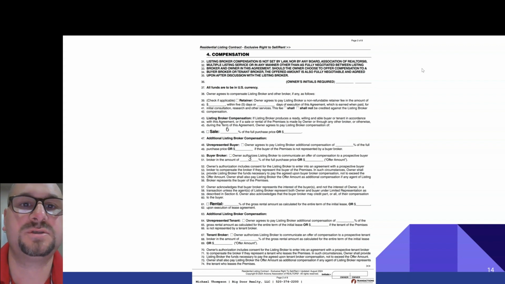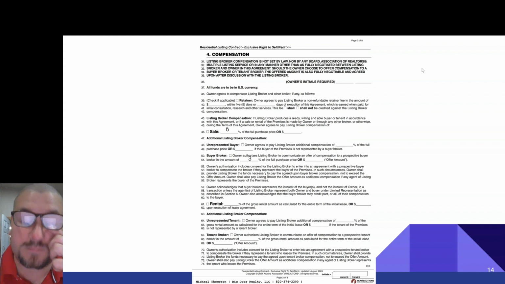All funds are to be in United States currency. Line 38, owner agrees to compensate listing broker and other broker, if any, as follows. Line 39, check if applicable.